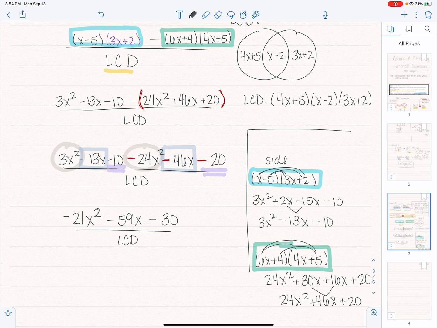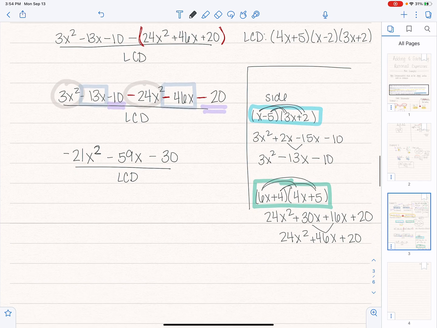Now from there, I'm going to look for if anything will factor. I'm going to assume something's going to factor. So I know I can at least take out a negative sign. And then I'm looking to see if there's a GCF. It doesn't look like 59 divides by 3.